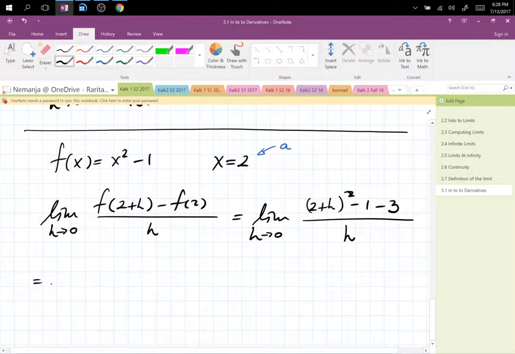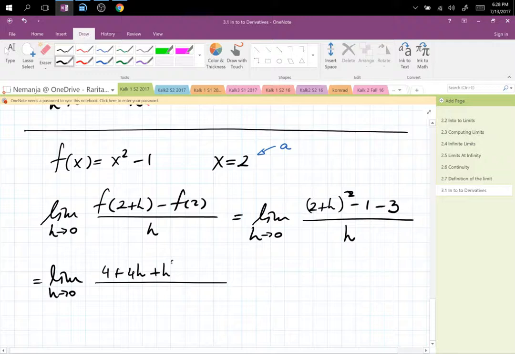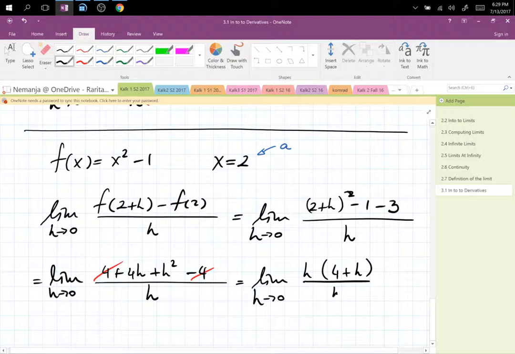Now you have to square all of that, so it's a standard procedure from earlier. We get 4 plus 4h plus h squared minus 4, everything over h, and this is where the 4 cancels. Once the 4 cancels, we get to factor out h. It's always the same. It just depends on what kind of function you have, and we get 4 as the answer.